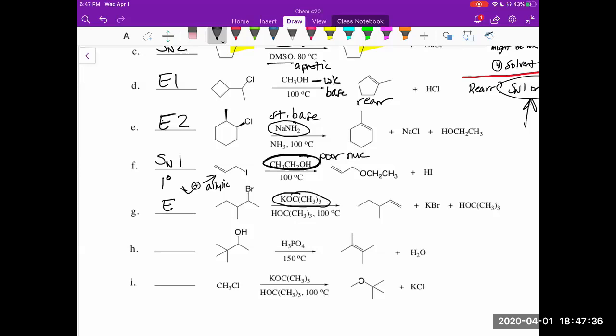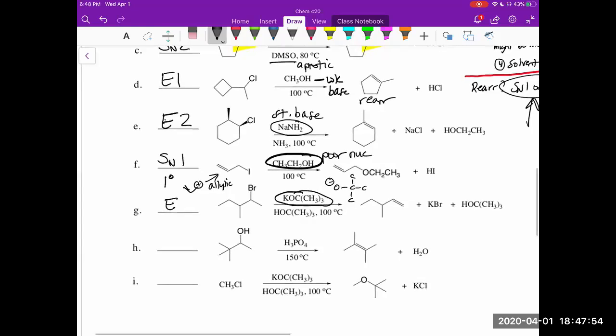It's drawn very oddly. It is this: O minus with a tert-butyl group. Does that help? It's basically the conjugate base of an alcohol, so it's an RO minus. What kind of a base is RO minus?